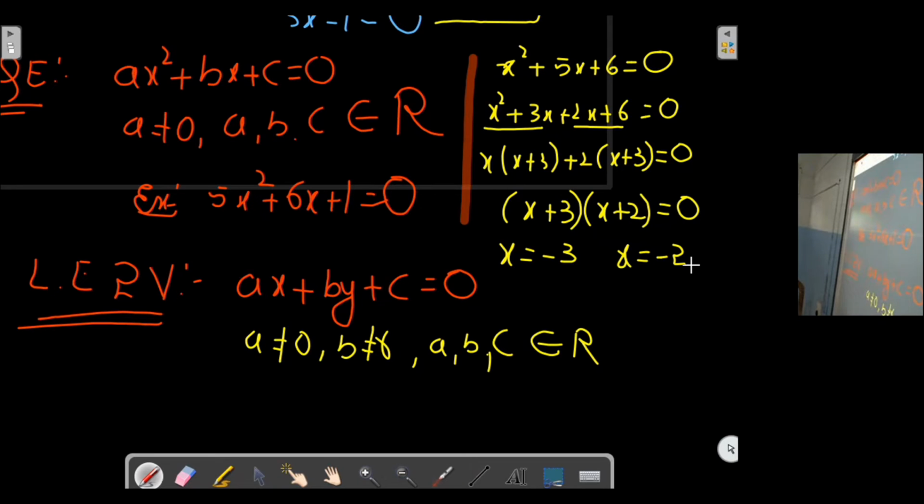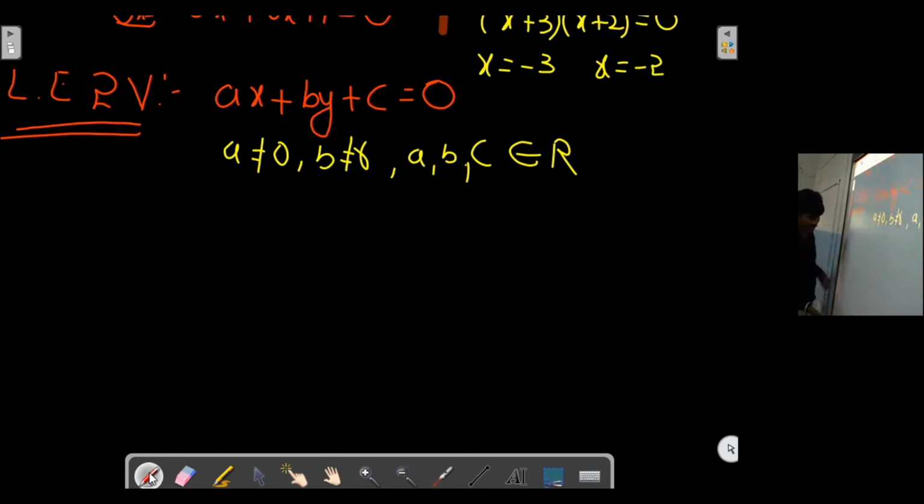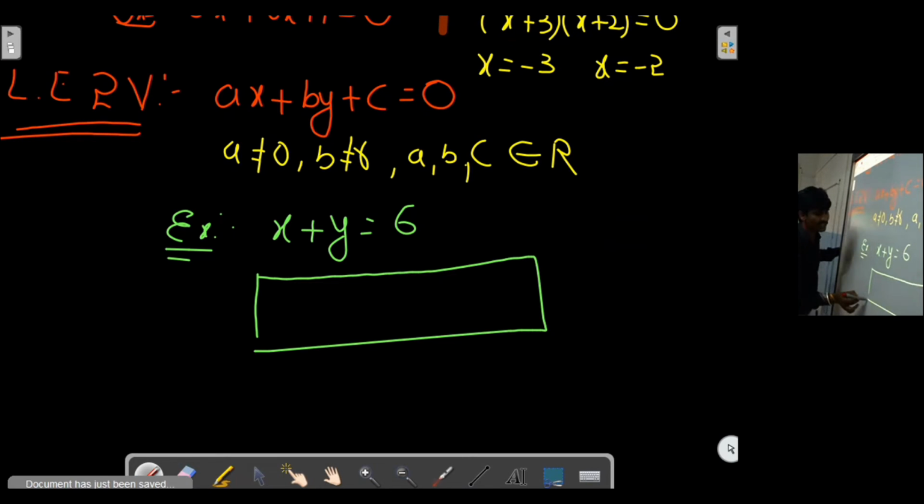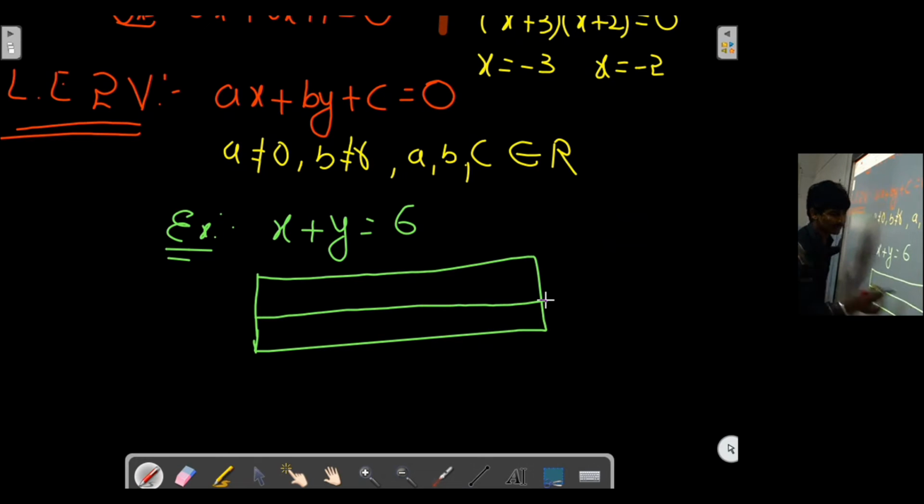Yes. And last year, linear equation in two variables came. For this linear equation in two variables, we'll take one example: x + y = 6. How many solutions for this equation? Infinite number of solutions. We discussed this last year. So how are we getting this? One variable is dependent, another one is independent.